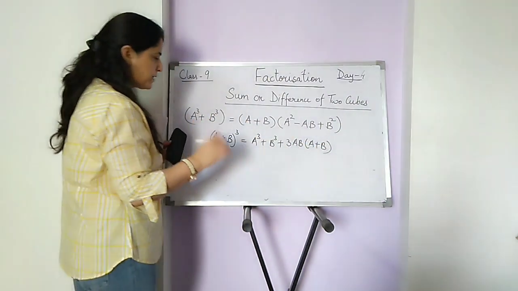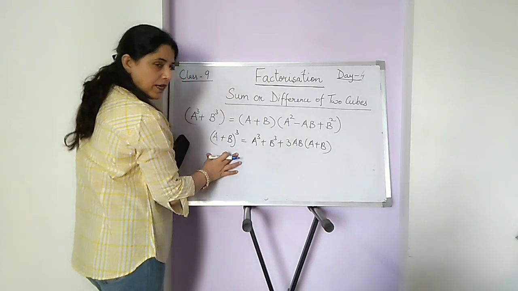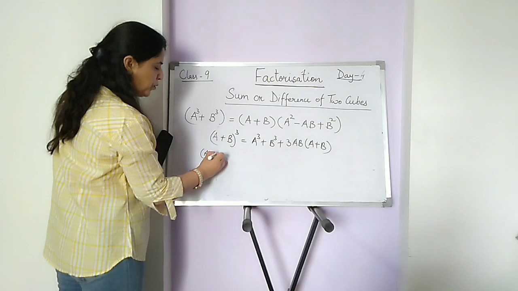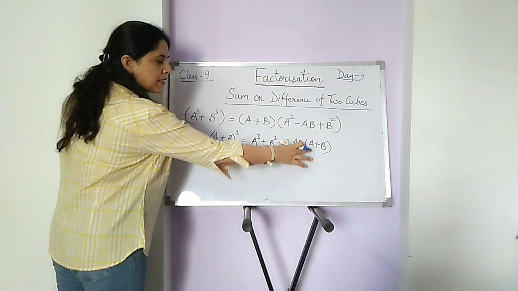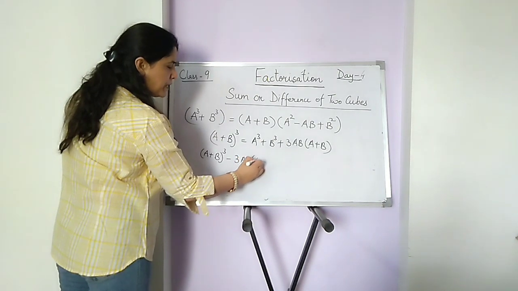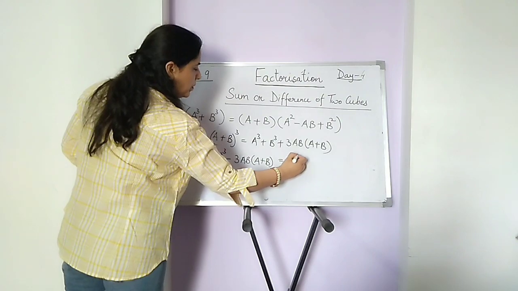Okay, this you have learnt in expansions. Now if I want to make this the subject, I need to bring this to the other side. So I can write it as a plus b the whole cube minus 3ab into a plus b, and what is left here is a cube plus b cube.